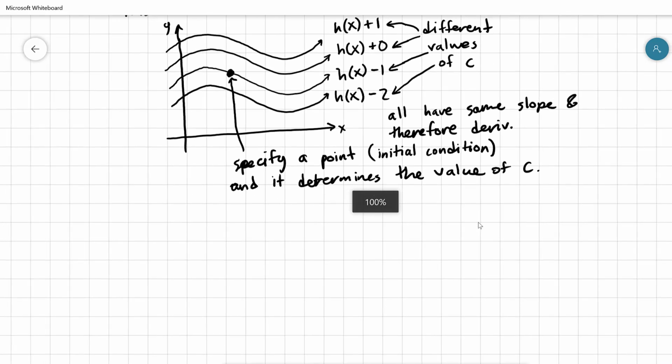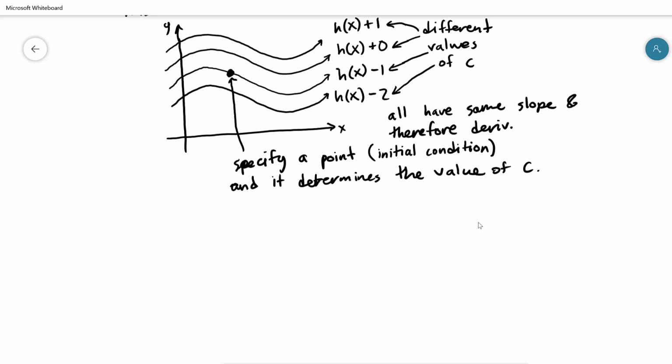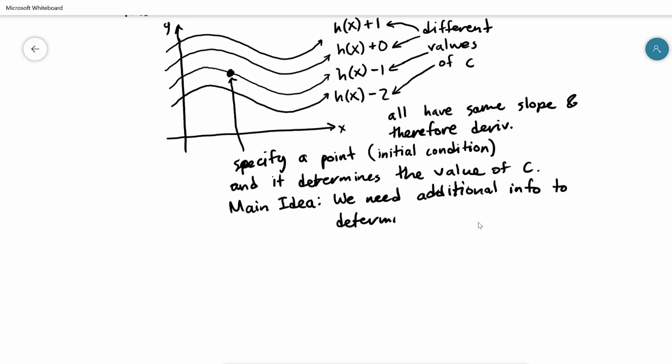So the main idea is that we need additional info to determine a specific value of C.